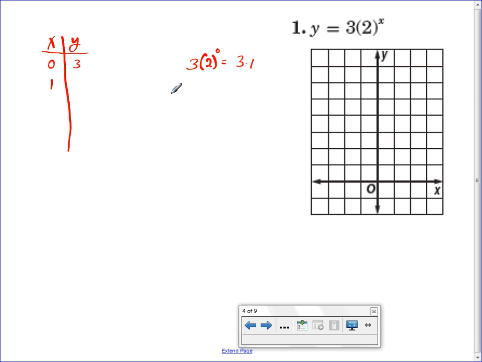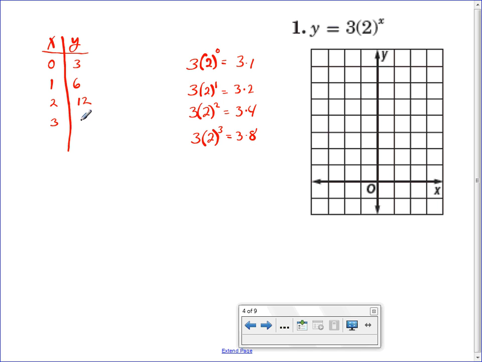Let's put a 1 in there. 3 times 2 to the first power is 3 times 2, which is 6. Now we'll put a 2 in there. 3 times 2 to the second power. 2 to the second power is 4, so we get 12. If we put a 3 in there, we get 3 times 8.